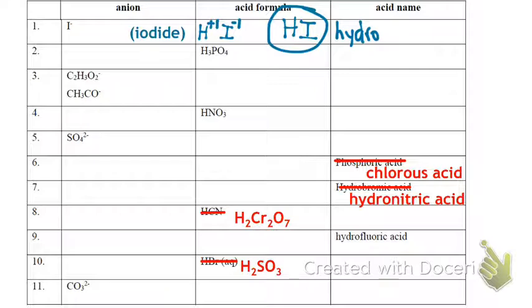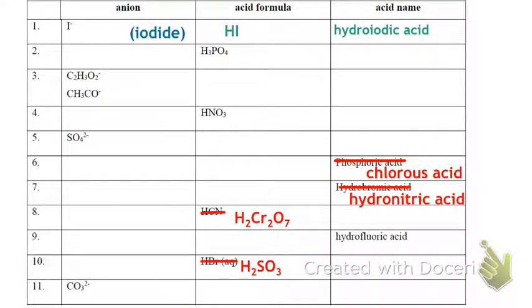So this is hydroiodic acid. That's it. All of these binary acids are going to end with ic. We don't have to make the decision about us or ite because I don't have any kind of ate over here. So I just realized that I've been writing all of that stuff out and I have it all nice and neat. So that's our first example.